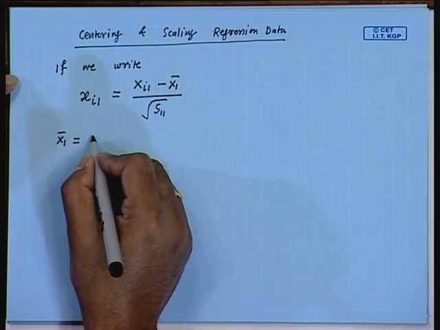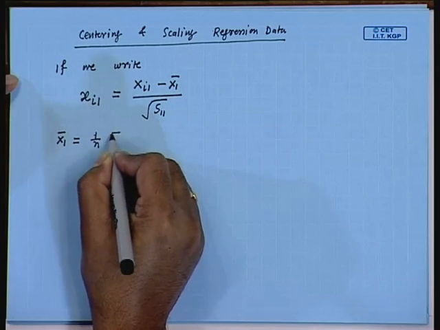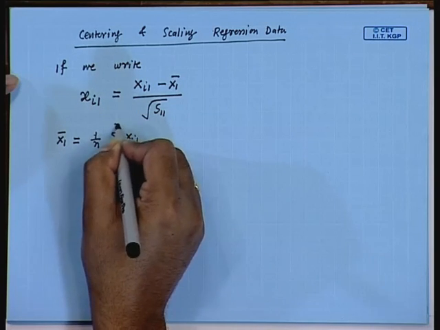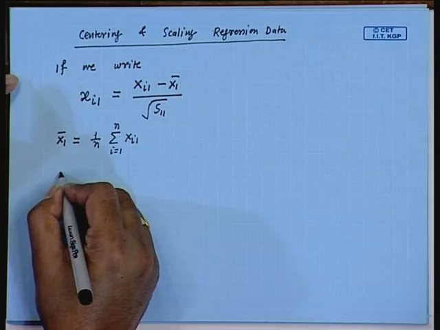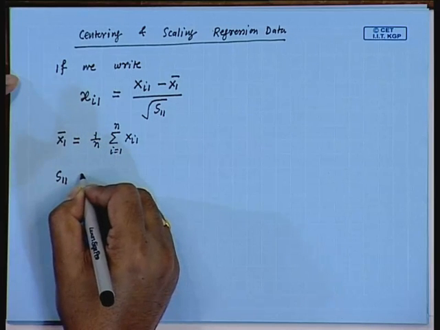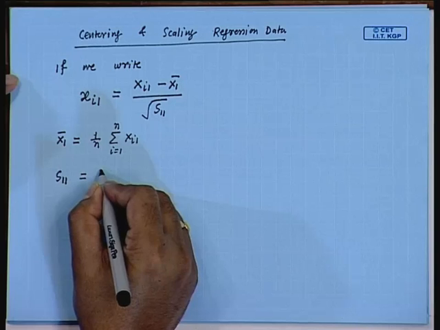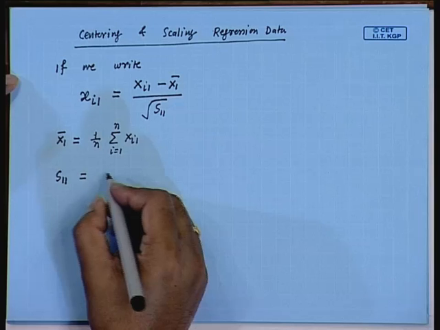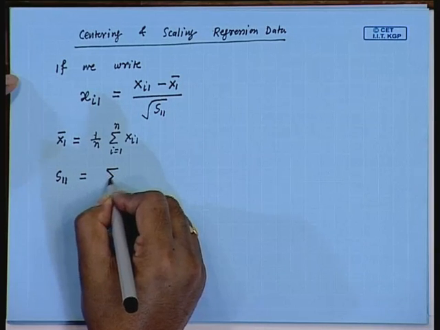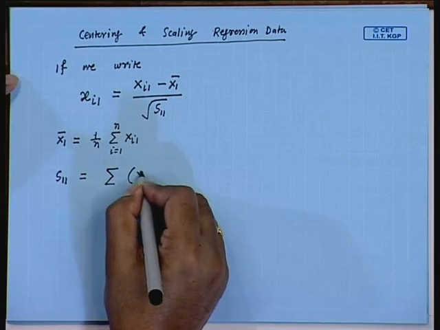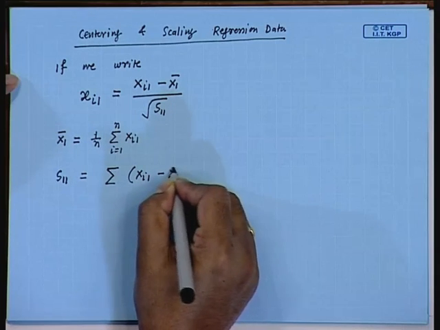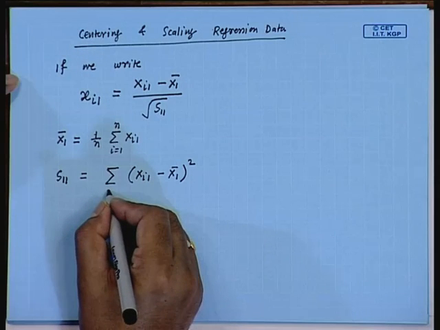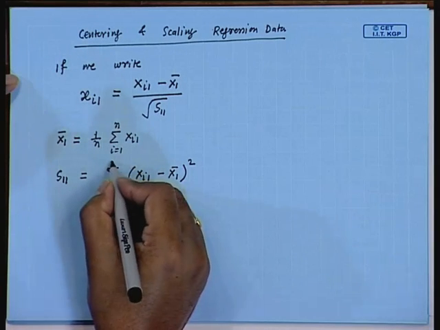So this is equal to 1 by n summation xi1, i equal to 1 to n, and s11 is equal to summation xi1 minus x1 bar whole square, sum over i equal to 1 to n.